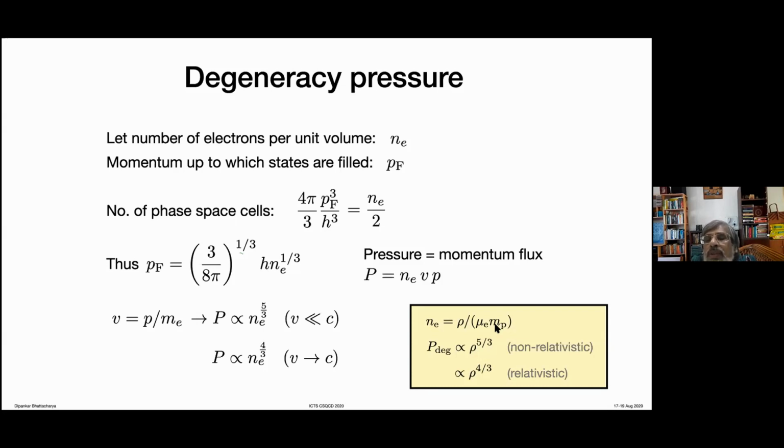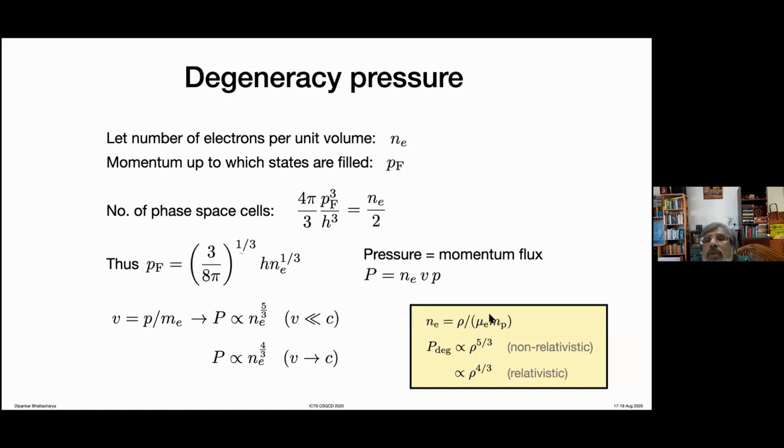You could have helium nuclei, in which case you have twice as many electrons as the number of helium nuclei, and so on. So here again, you write the effective atomic mass per electron is mu V.